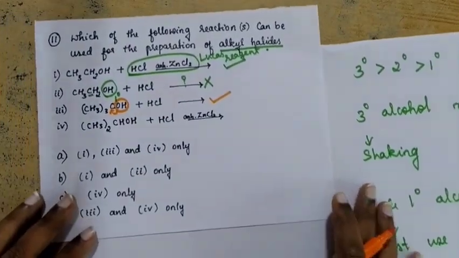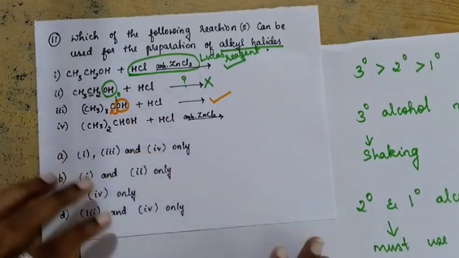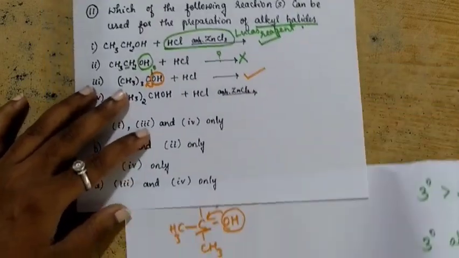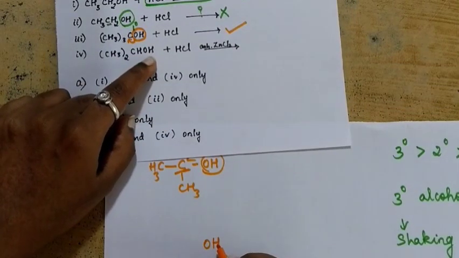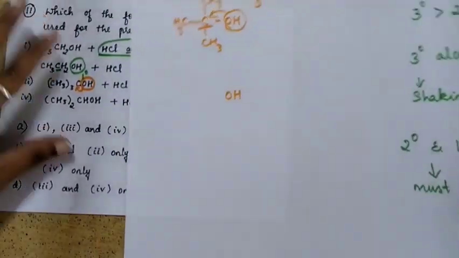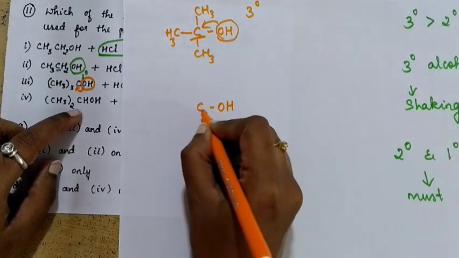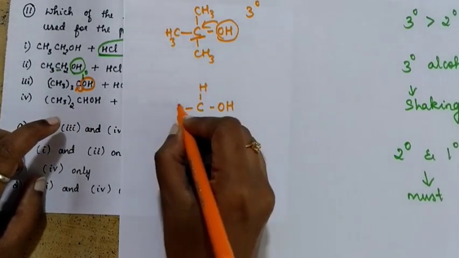And now let us see the fourth reaction. Here also, let me write the complete form of that reactant. OH is bonded with carbon atom which has one more hydrogen over here, and 2 methyl groups are bonded.